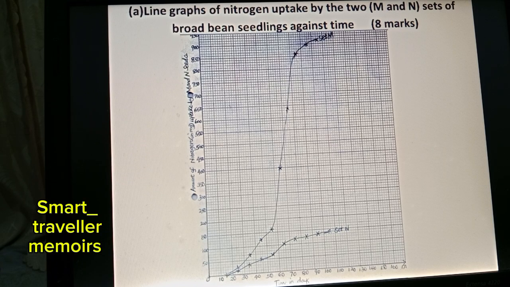Of course, x-axis time in days, y-axis amount of nitrogen in milligrams uptake by M and N seeds. Then you identify the graph, set M and set N.